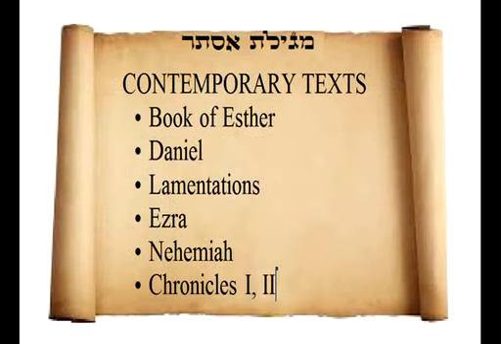Another technique for the analysis of a biblical work is to look at all of the other contemporary texts. I have read and analyzed all of the following: the book of Esther, the book of Daniel, Echa or Lamentations, Ezra, Nehemiah, and Chronicles 1 and 2, Divrei Hayamim Aleph Bet.